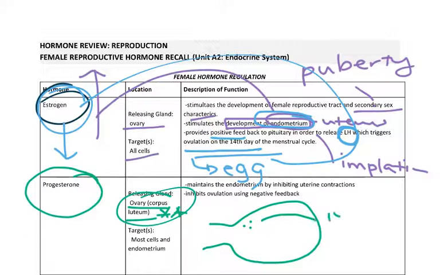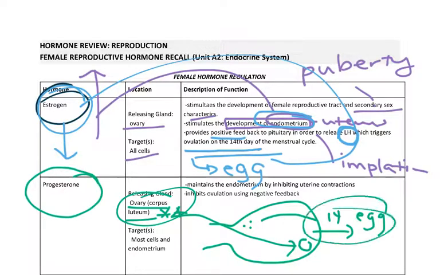On day 14, the egg is released. That's what we refer to as ovulation. The structure that's left after that egg is released is what we call the corpus luteum. So the corpus luteum is only produced after day 14 in a menstrual cycle, and only after that egg is released into the fallopian tube. So that's very, very important.